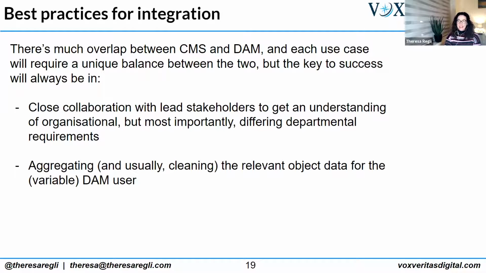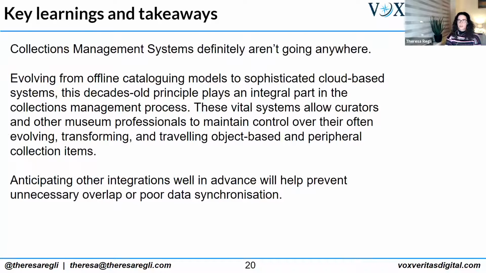Be sure to make those decisions together with your key stakeholders, get an understanding of the organizational dynamics and the differing departmental requirements you're going to have. You need to determine how you are going to aggregate the relevant object data for the different DAM users on the other end, who are putting together the exhibitions, the promotions, the marketing and the online collection. It's just as much art as it is science to go through that and understand it, so you can plan appropriately.